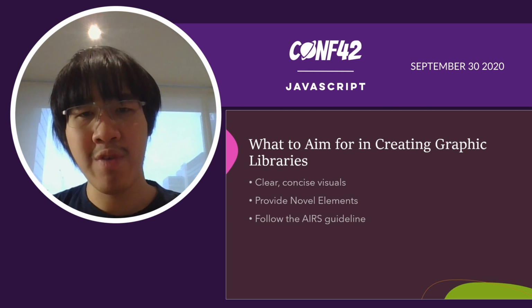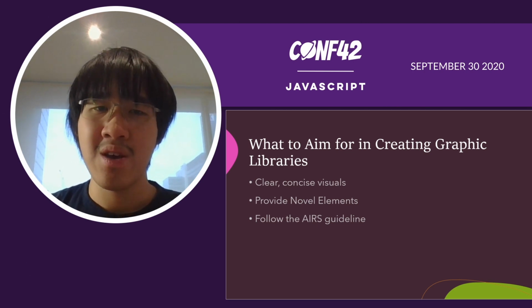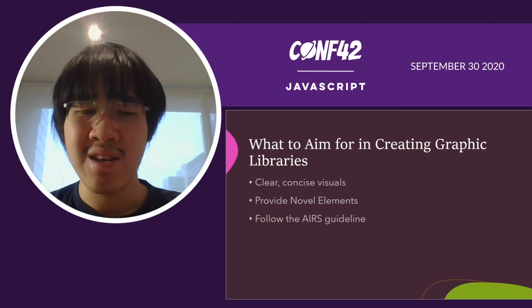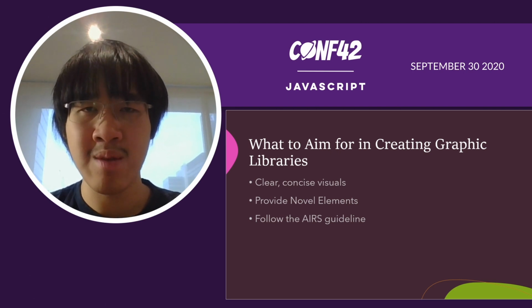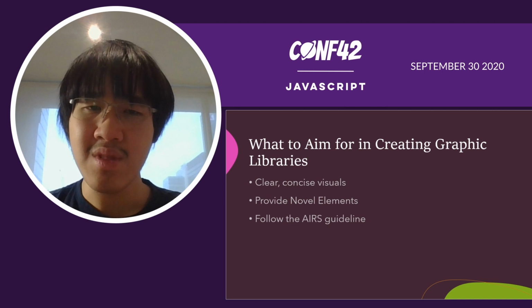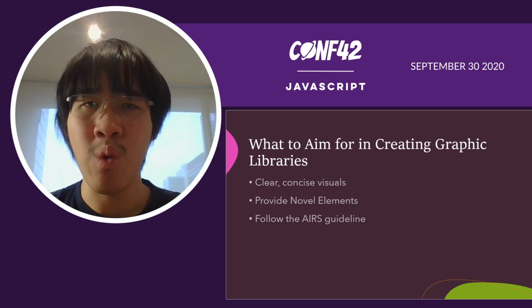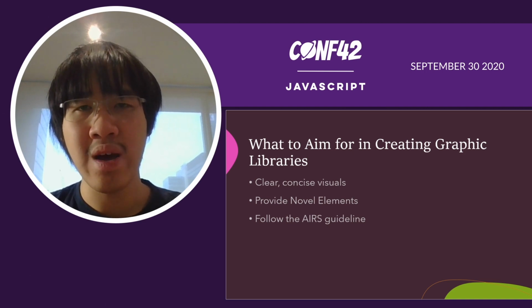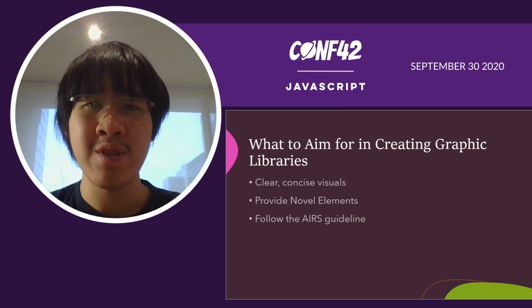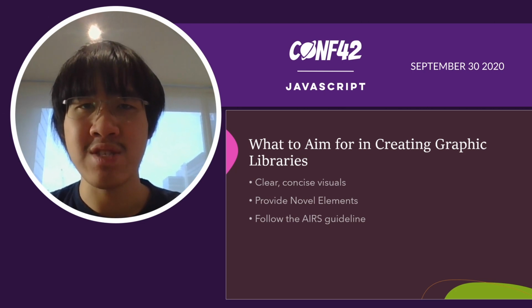Second, provide novel elements. When I say novel elements, I mean you need to put a distinguishing factor between you and the other graphics libraries. You need to be able to have that why. Why should I use your graphics library in particular compared to other graphics libraries? What benefit do you have? For example, what benefit do you have over the standard Canvas library?